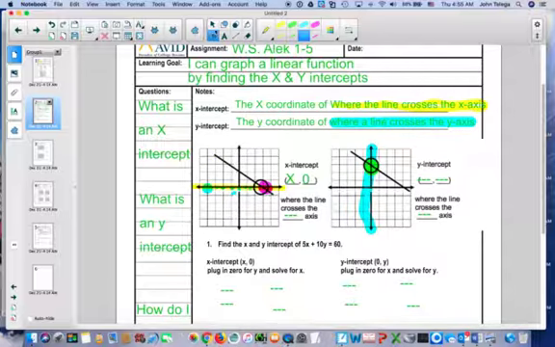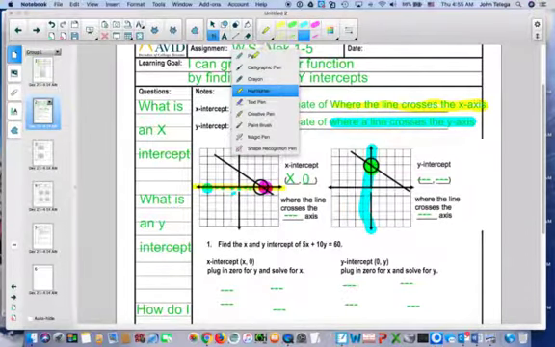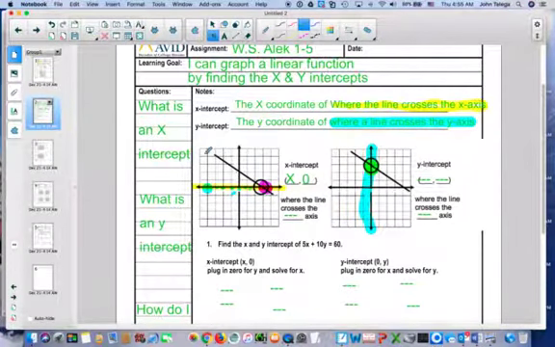Like if I gridded them out, every one of these points would be, let's see, negative 1, 2, 3, 4.